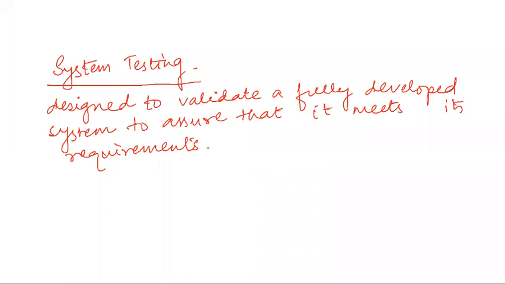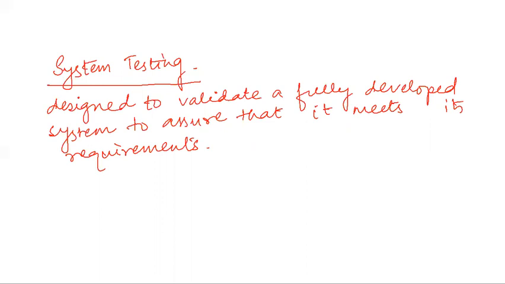Suppose for a mobile, I have told the customers that this will be an Android, this version mobile, these features will be there, and so on. System testing is that stage where I check whether I have conformed to what I said.